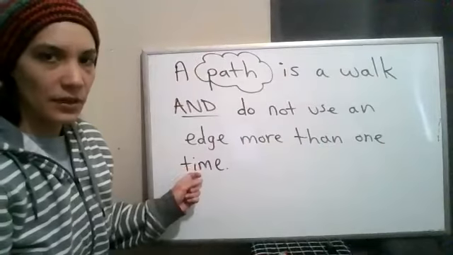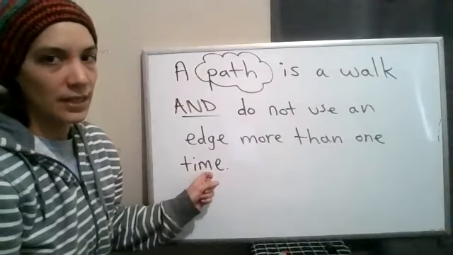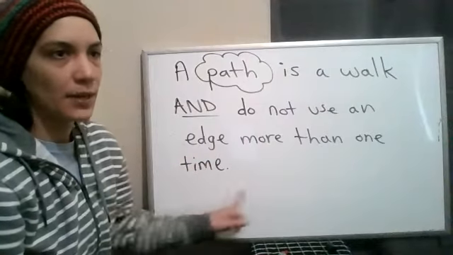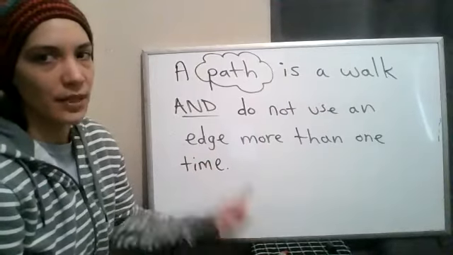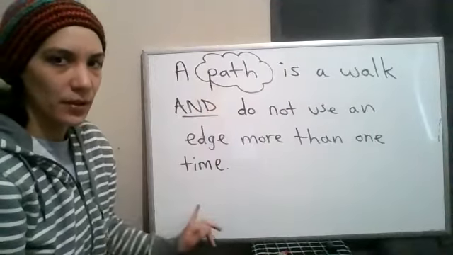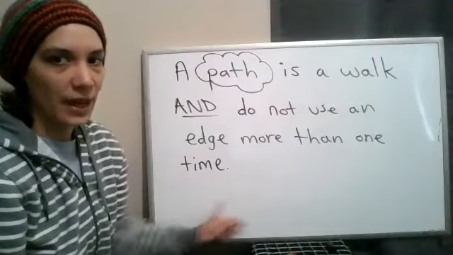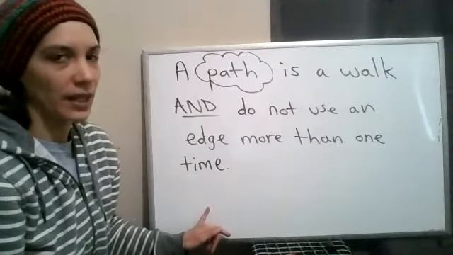So this means if you go over an edge, you can't go over the same edge again, like we did before. We'd go A to B, back to A, over to B. That was okay for walks. But with paths, if you go from A to B, you can only keep on moving somewhere else. You can't go back and repeat over the edge.